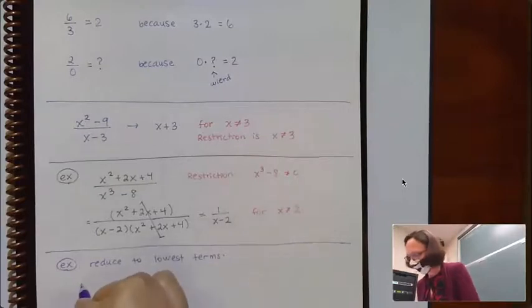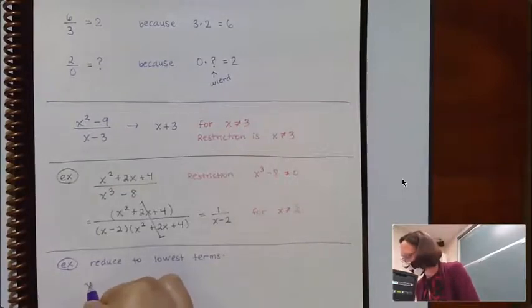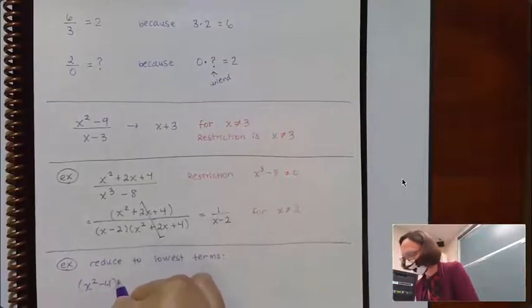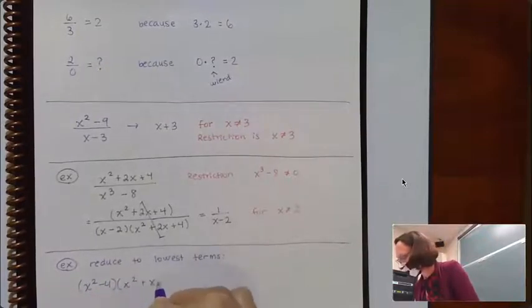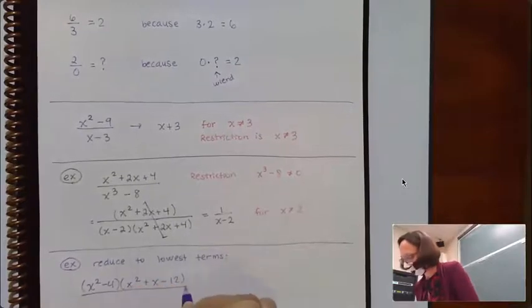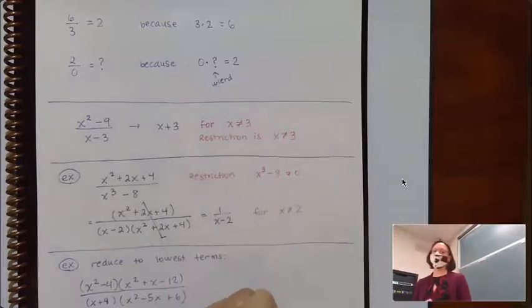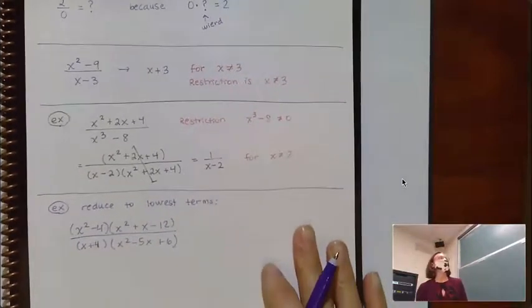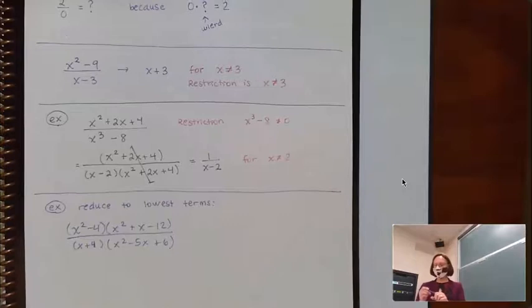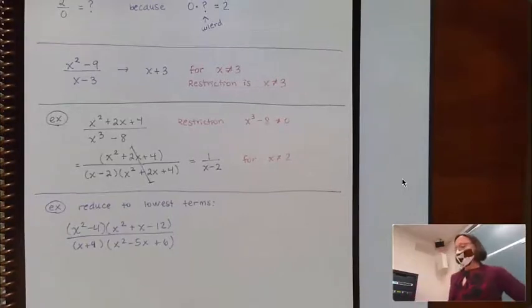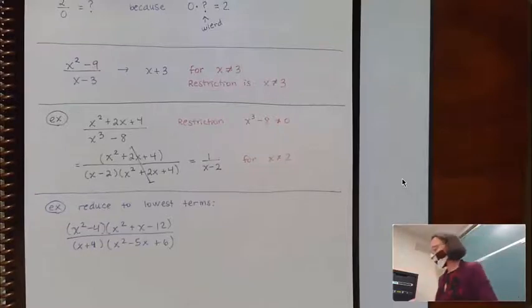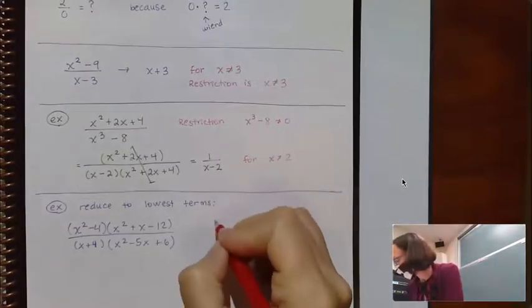And here we go. Let's say I've got x squared minus 4 times x squared plus x minus 12, whole thing over x plus 4 times x squared minus 5x plus 6. Well, the first thing that I want to do is to figure out what the restriction is.